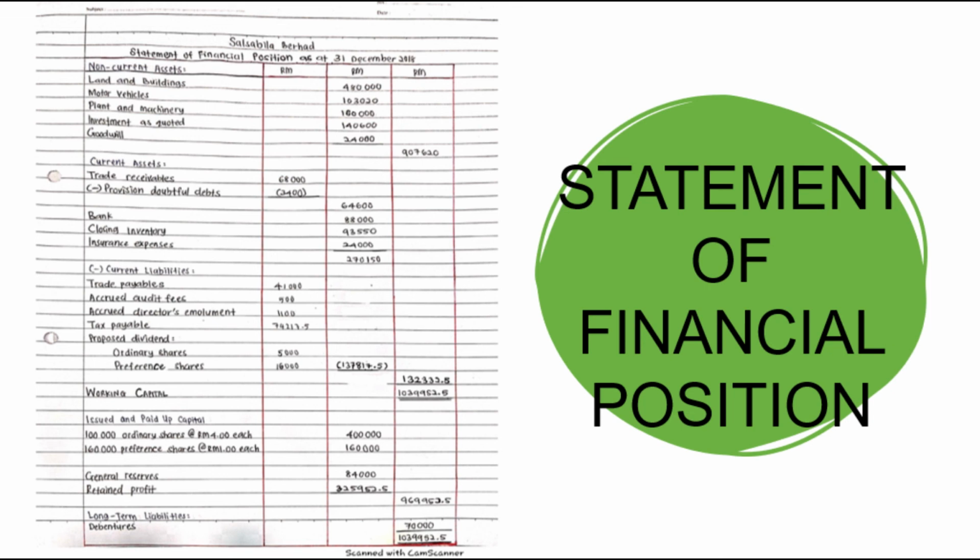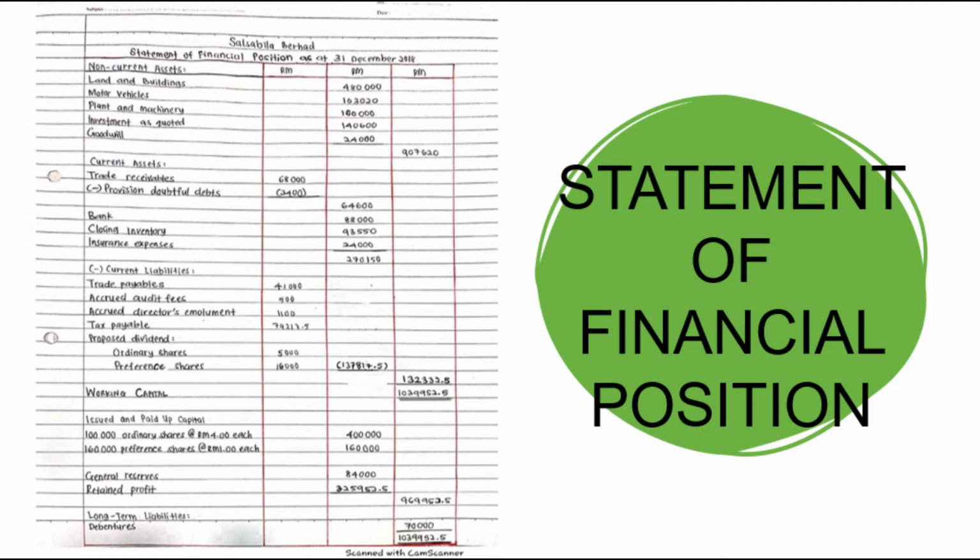For current liabilities, have trade payable for 41,000 take from trial balance. Accrued audit fee 500 from notes to account number 4. Accrued directors emolument 1,100 take from note to account also number 4. Tax payable 74,217.50 take from comprehensive income.